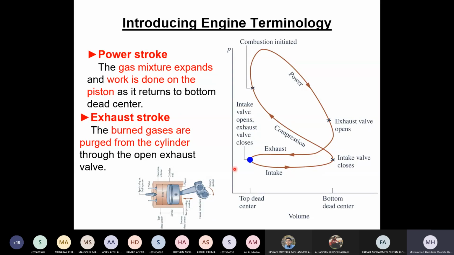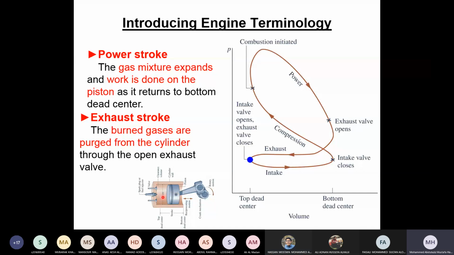How many revolutions are in the cycle? In this cycle we have 4 strokes, as we mentioned. How many revolutions? Two revolutions. Question, or you're saying 2 revolutions? Yeah, I'm saying 2 revolutions. So it is 2 revolutions.